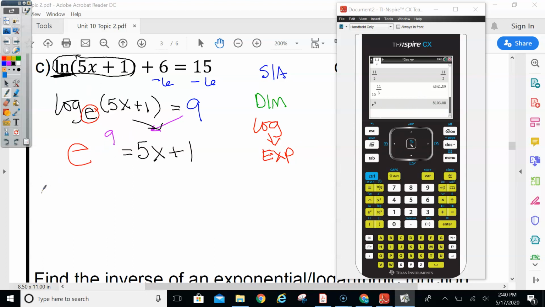I'm just going to do 8103.08... because there's going to be more stuff. We just keep going. Oh, you know what? This one had more stuff too. I'll go back up and look at that one in just a second. But let's finish this one.